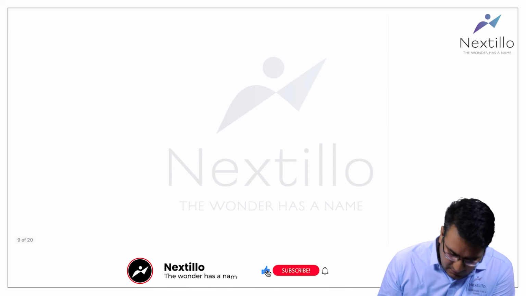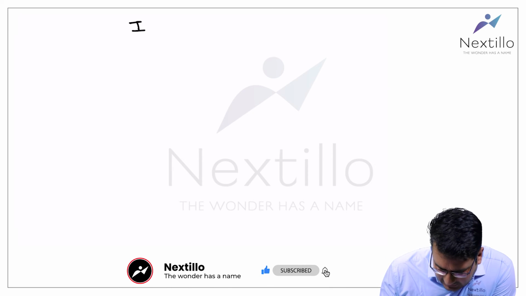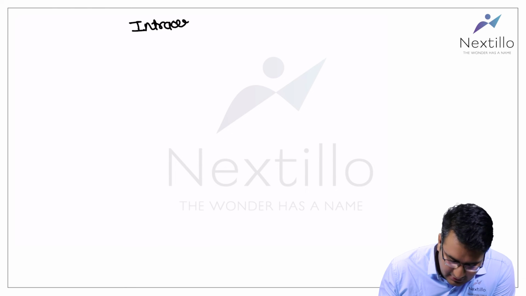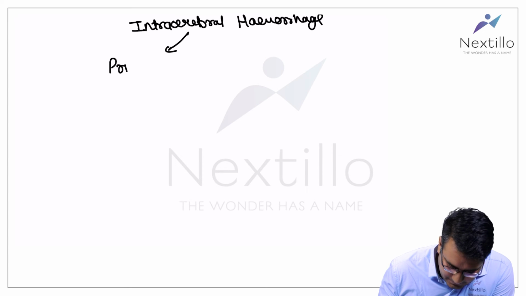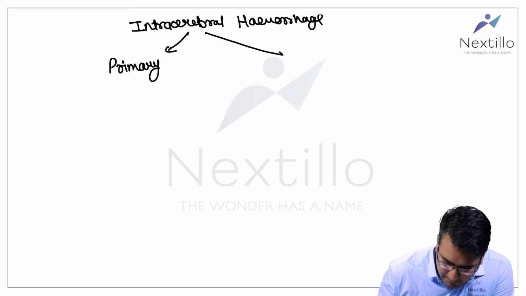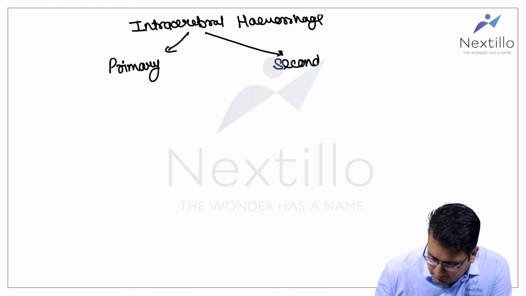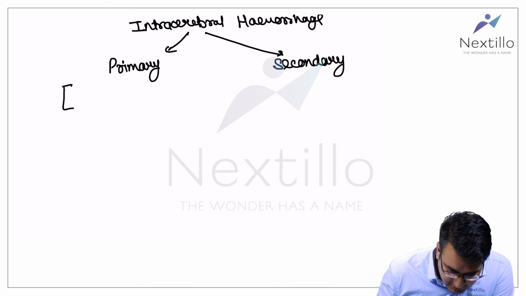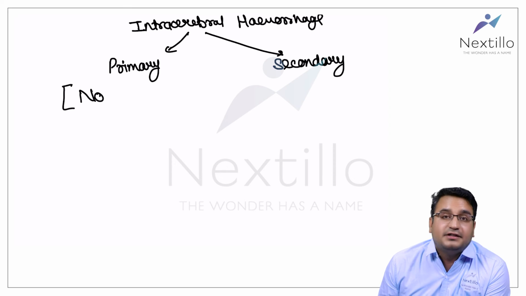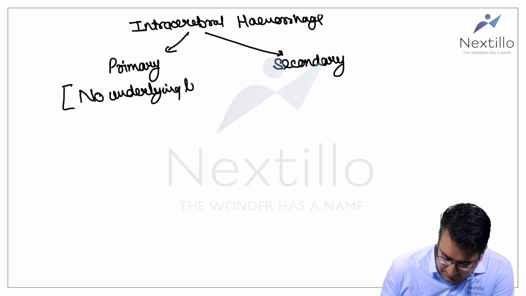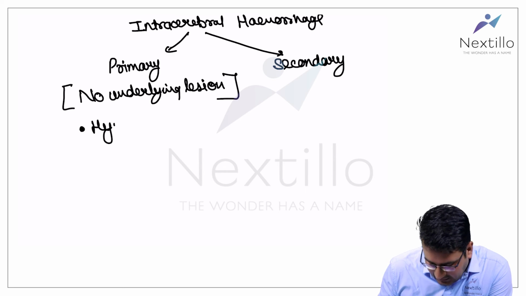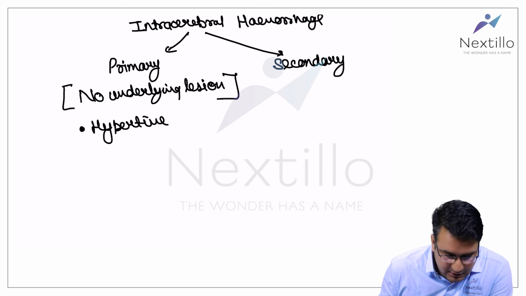Now, what could be the other causes of intracerebral hemorrhage? So, intracerebral hemorrhage could be of two types. It could be primary, it could be secondary. What is primary? Here, no underlying lesion is there. So now, what could be within it? First is hypertensive hemorrhage.